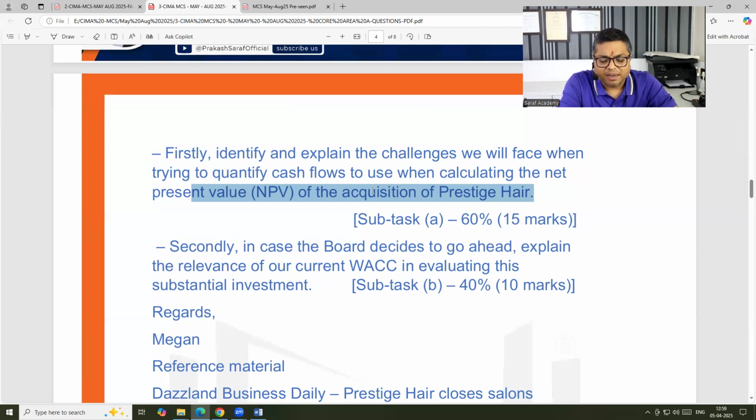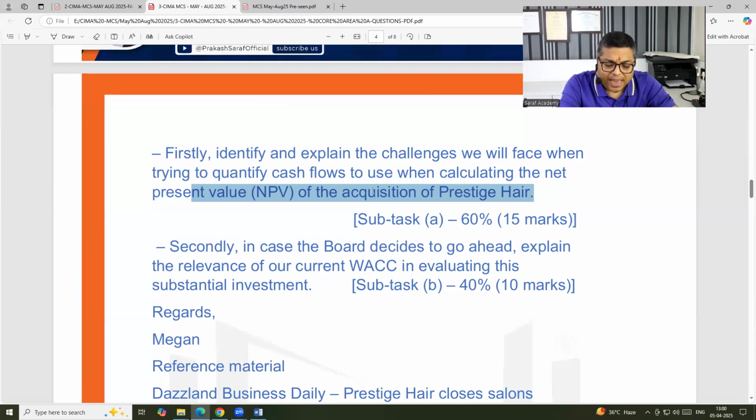It is estimated by our CEO that the initial investment for acquiring Prestige Hair Salon will be $20 million. But this is a newspaper article. We already have competitors in the market. We already know that Prestige Hair is in the capital city, central city, very convenient locations.